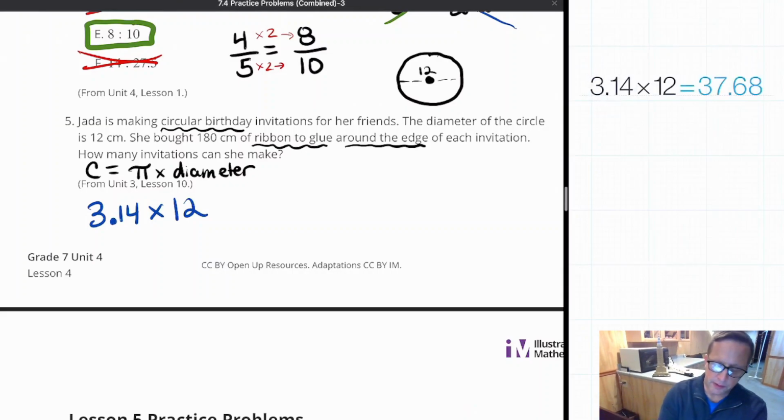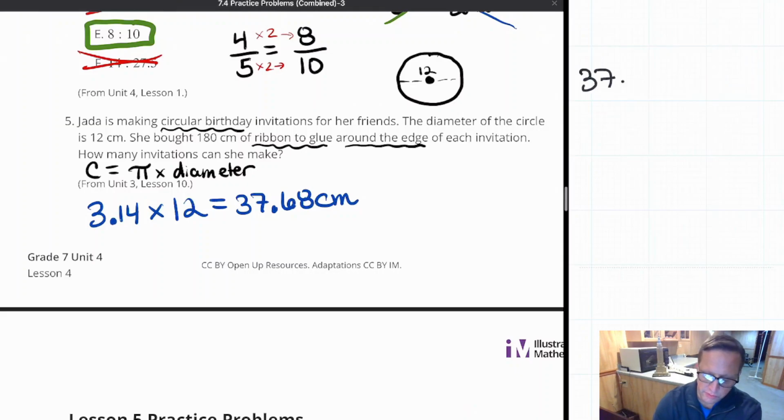All right, and that's 37.68 centimeters. So just one of those invitations is going to be 37.68.